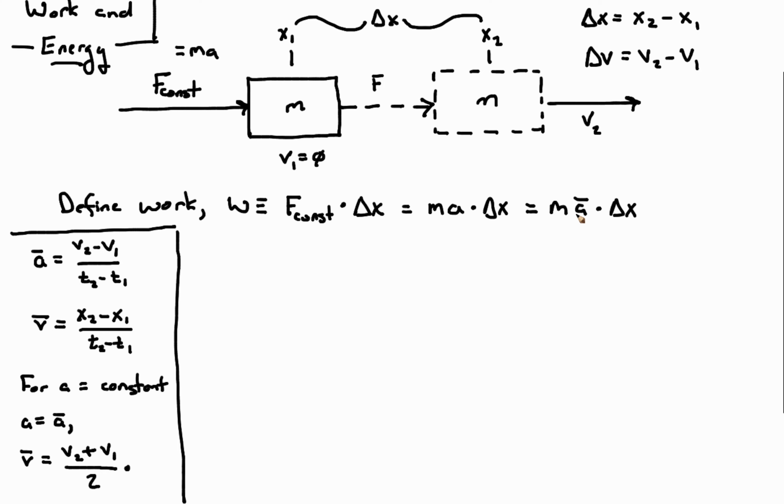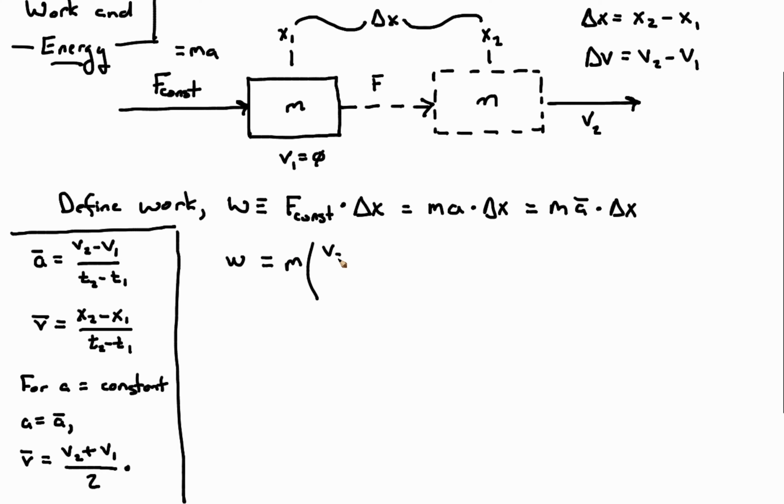And this is where things get interesting because the average acceleration is defined, and you can go back and look at the original video where I talked about Newton's first law and defining what acceleration is. The average acceleration is just the difference in velocities between 2 points divided by the time between those 2 points. So we can rewrite this whole expression. We can rewrite this work as equal to the mass times the average acceleration. Well, what is the average acceleration?